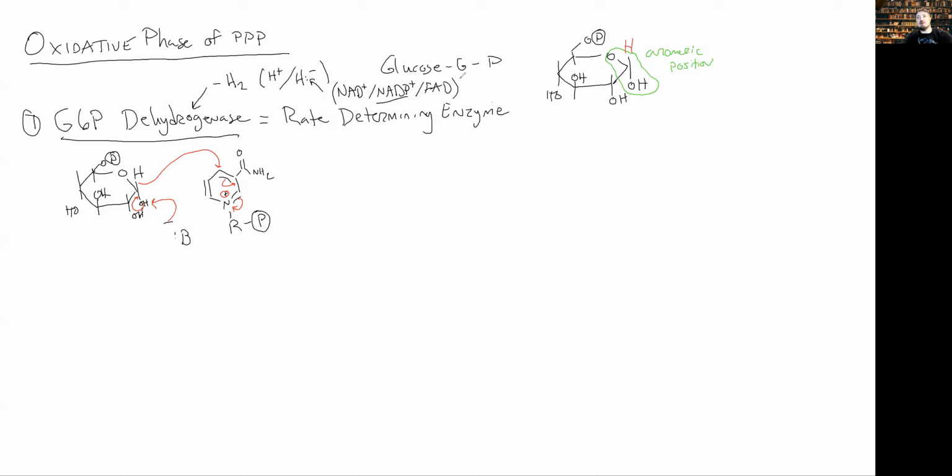And so what we're going to run into is a situation where now we have this thing called a lactone, okay? This is 6-phosphogluconate delta lactone. And it's called a lactone because that's what we call a ring-bound ester. And it's called a delta lactone because if we were to count in Greek letters around the ring, delta is where the O connects back to the bond, okay? So it's a delta lactone. And we're also going to have our NADPH.